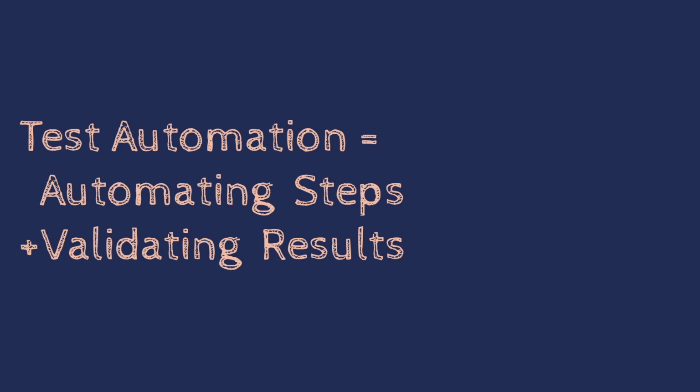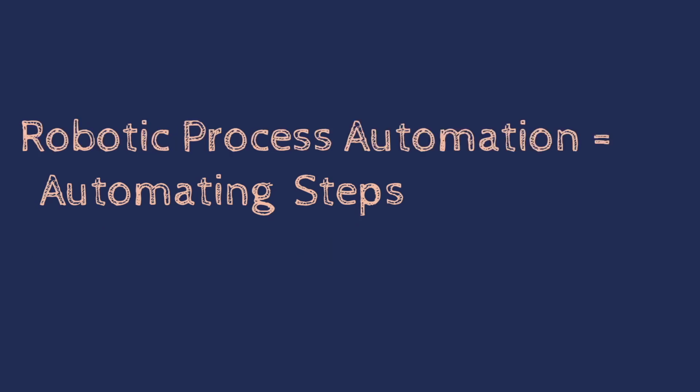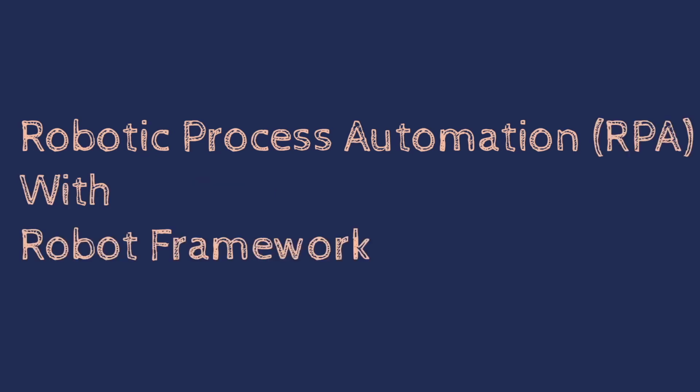Test automation, as I describe it, is automating steps and validating results. Robotic process automation is basically automating steps, generally a business process you're trying to automate. So with Robot Framework, not only can you do test automation, but you can also very easily do robotic process automation.